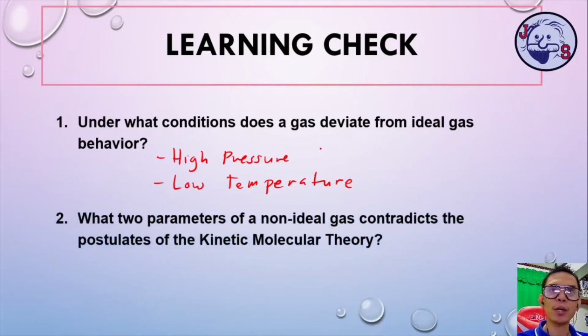Alright, the second question: what two parameters of non-ideal gas contradict the postulates of the kinetic molecular theory? So what are these two parameters? You can pause this video if you want to think of the answer and try to find out in this video what the possible answer is.